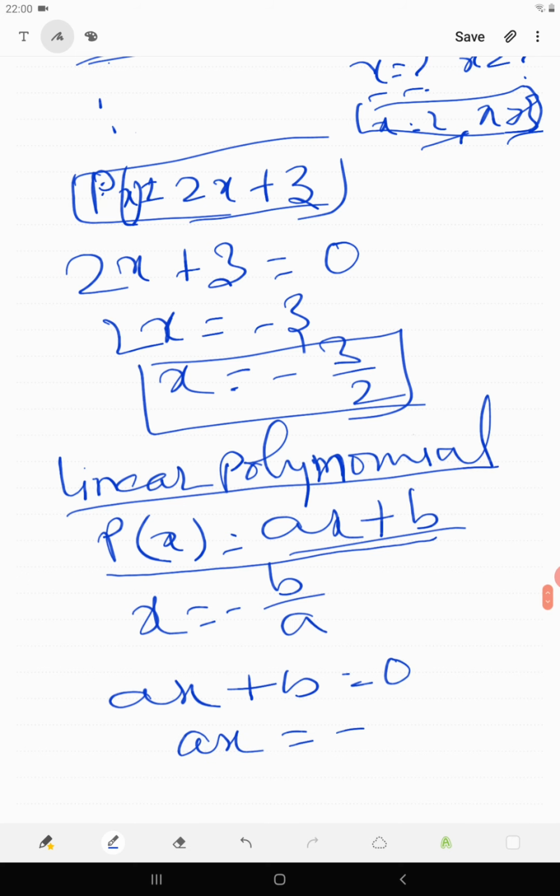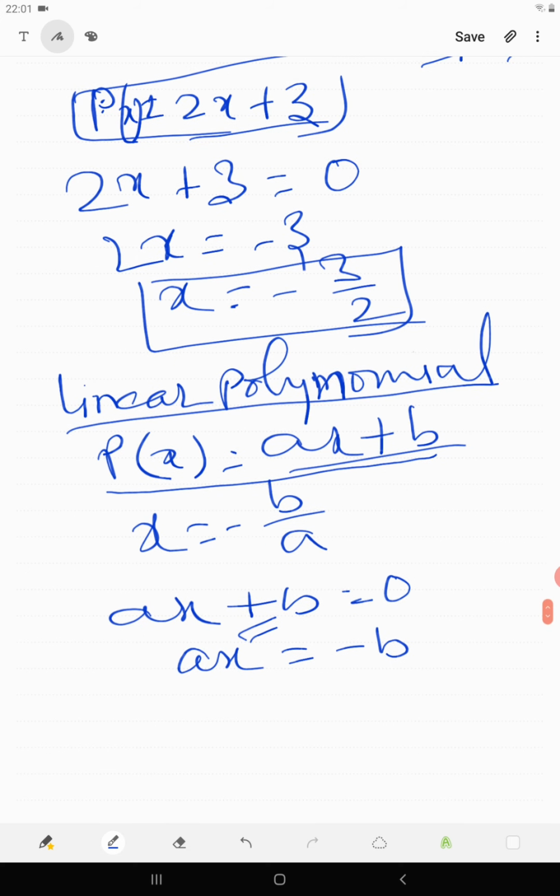So ax equals minus b. Why? Because when the plus b goes to the right hand side of the equals sign, plus becomes minus, minus becomes plus, multiplication becomes division, and division becomes multiplication. Now this a is multiplied to x, so when we take it to the right hand side, it becomes division. So it is minus b by a.